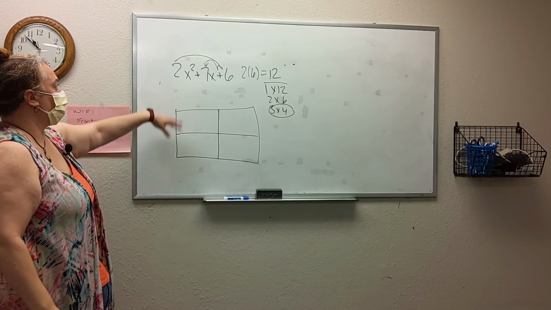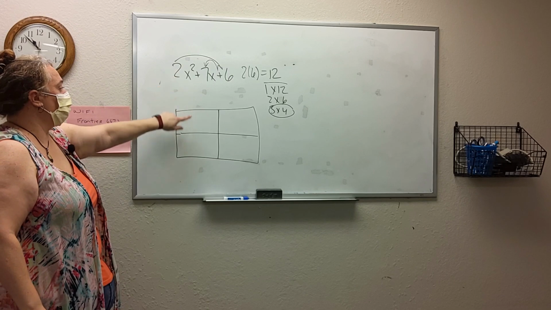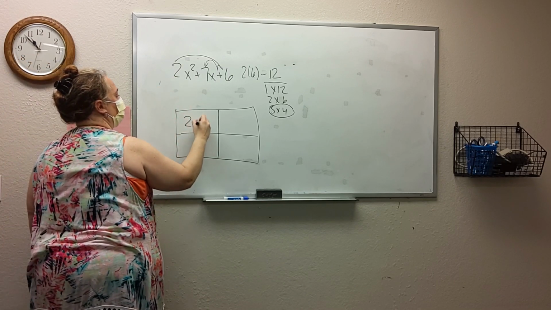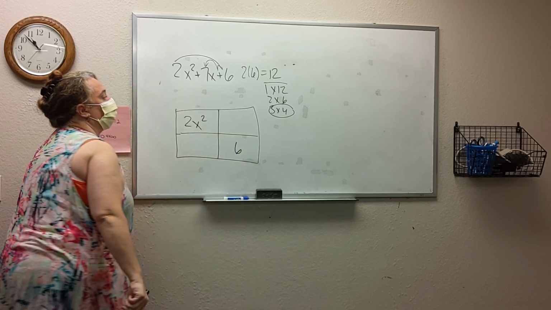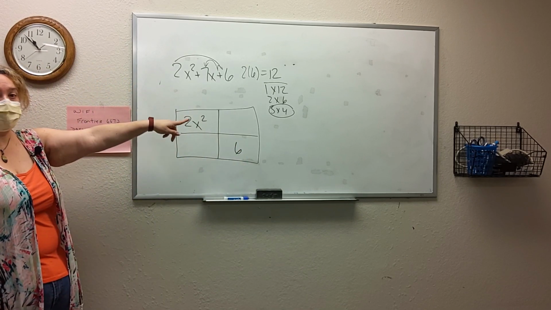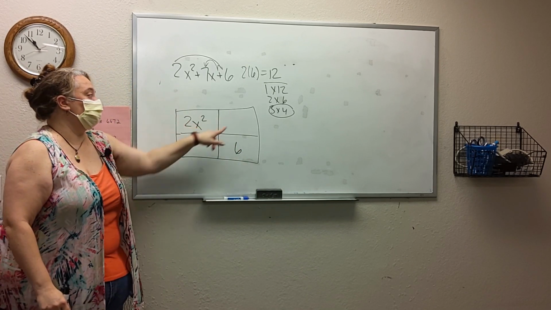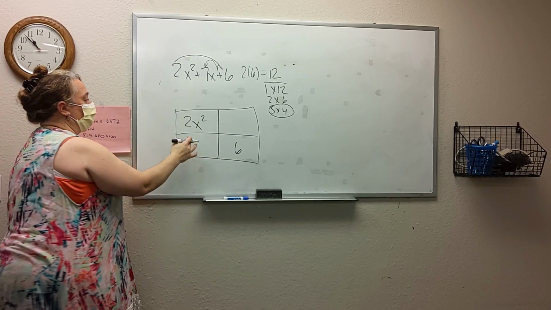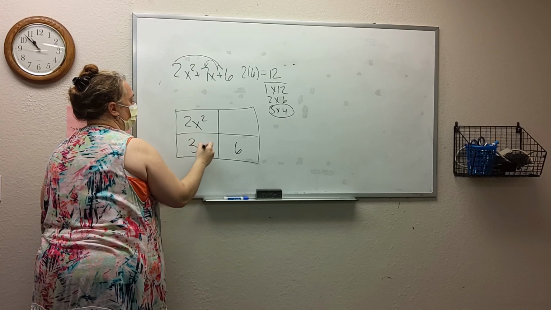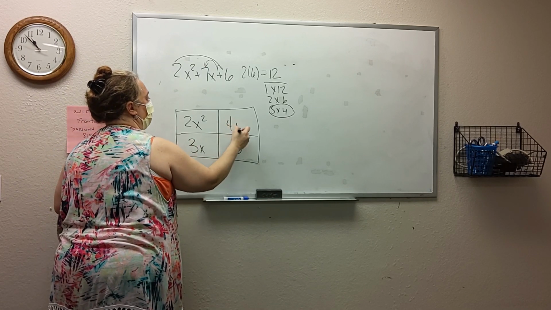In the box, the first term, your 2x squared, goes in the upper left. Your last term, 6, goes in the lower right. The two numbers that you found, your 3 and your 4, go in the other two slots. Doesn't matter who goes where. I'm going to put the 3 in the lower left, and they get x's. So it's 3x and 4x.